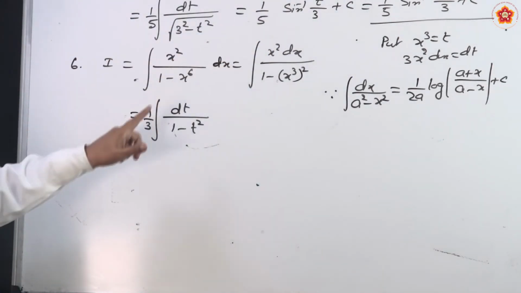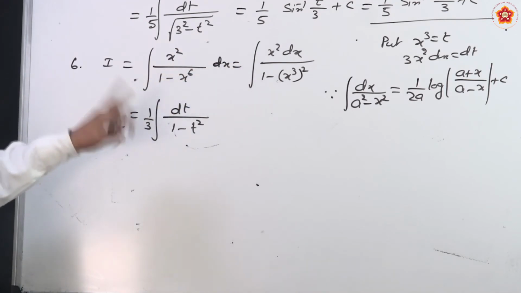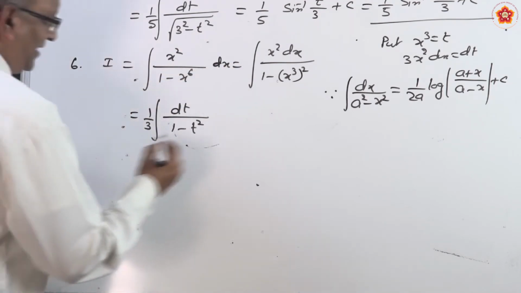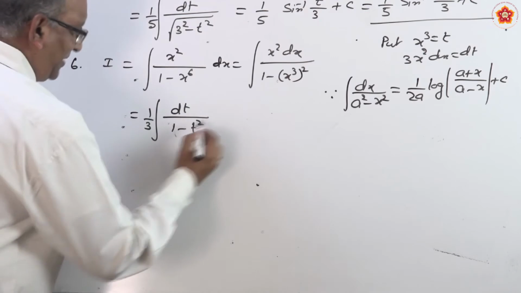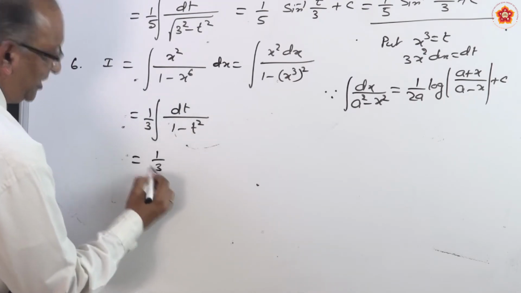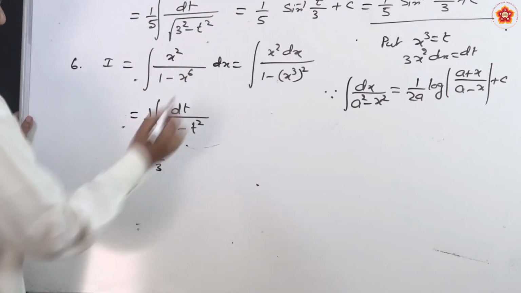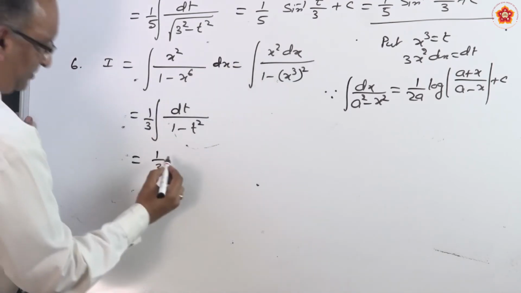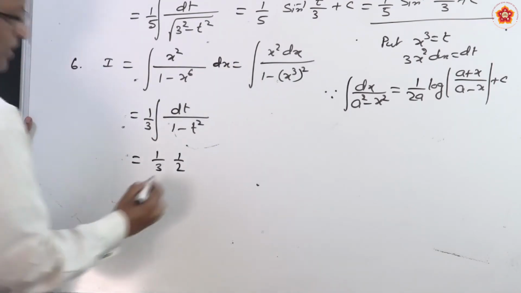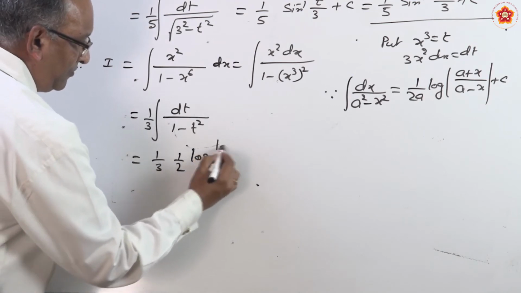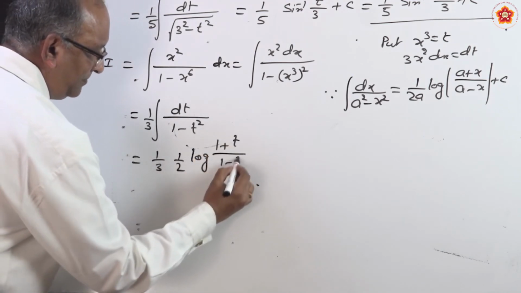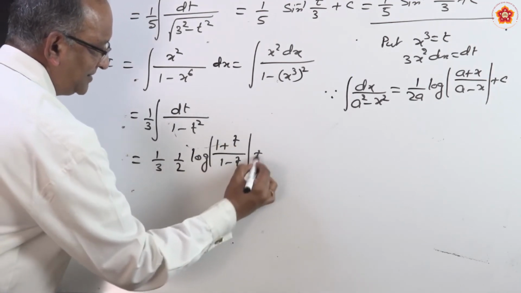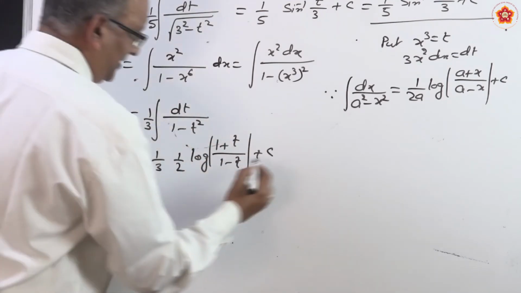In place of a we have 1, in place of x we have t. So, what will it become? It will become 1 by 3, and 1 by 2a is 1 by 2, so 1 by 2 log of (1 plus t) upon (1 minus t) plus c. Substitute back what is t, that will be the answer.